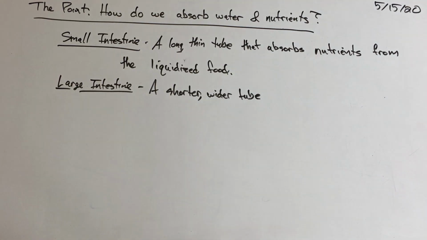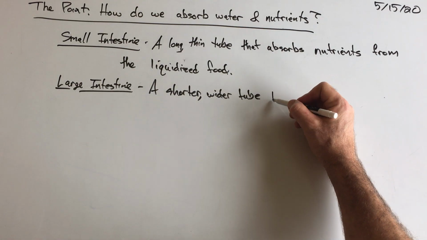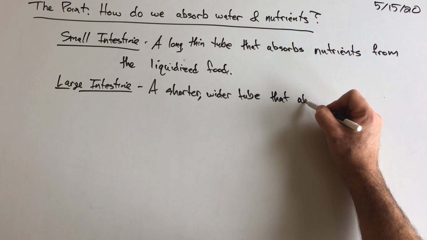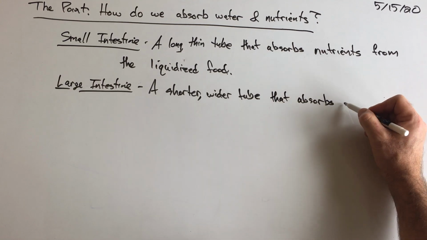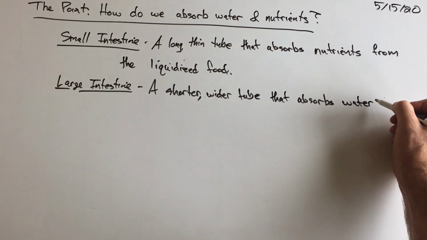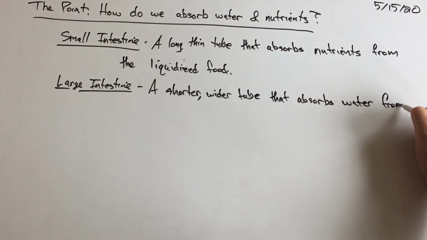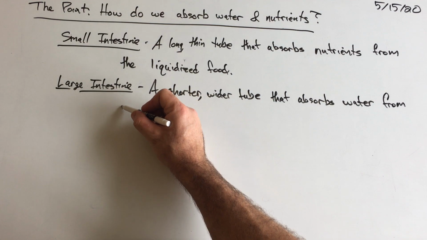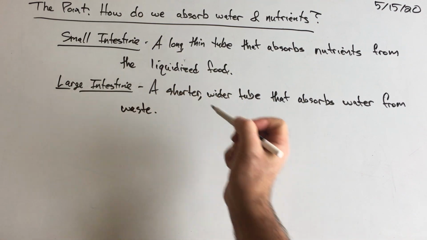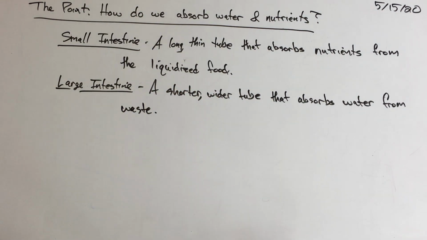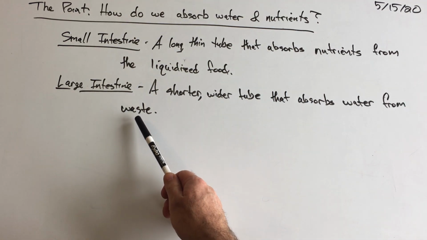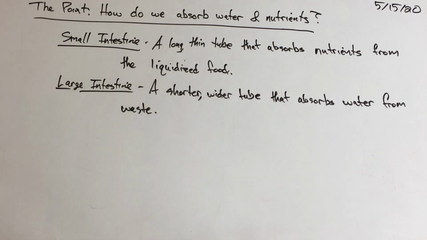So there's a shorter, wider tube that absorbs water from waste. And what that means is by the time material gets to the large intestine, it's considered waste, unless it's water. Then it gets absorbed. So pause the video, get these into your notes, and then come back. So pause. Welcome back. I'm sure you all did that.